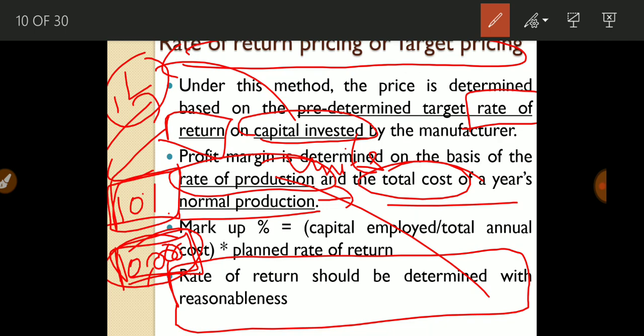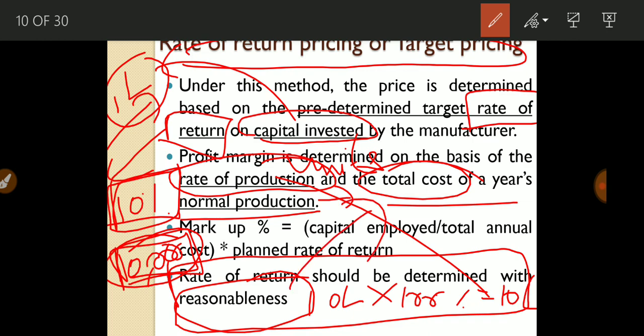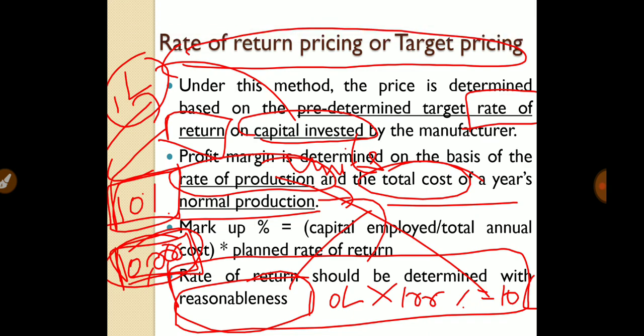You cannot say I am investing rupees 10 lakhs and I want 100% rate of return, which means I want another 10 lakh rupees profit. Now this can be unexpected or unreasonable. So when you're determining your rate of return, it should be reasonable. How do I get to know if it is reasonable or not? Look at your industry. What is the rate of return which other firms in the industry are getting? You'll have to talk to experts and determine it.